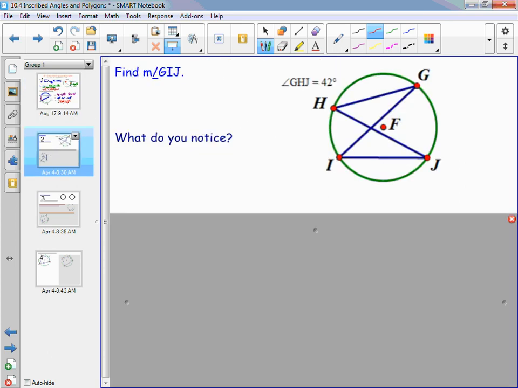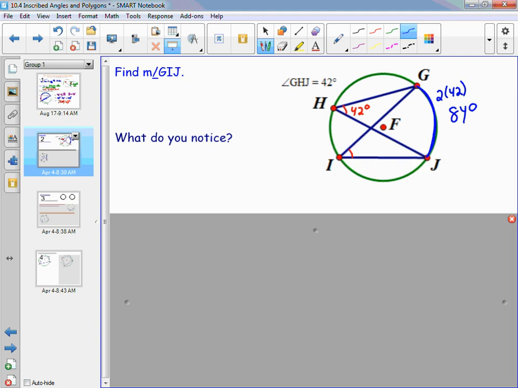Our next example here, we have a circle, we have lots of arcs, and we have that angle GHJ right here is 42 degrees. And we're asked to find angle GIJ. Well, if we know that angle GHJ is 42, that means the arc that connects G to J is 2 times 42, or 84 degrees.